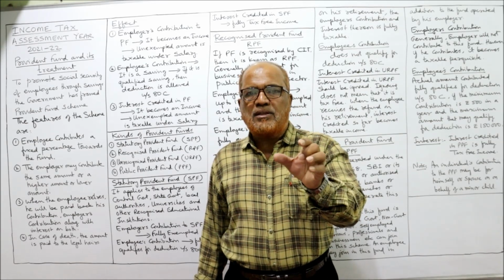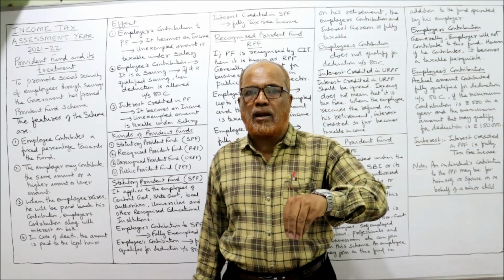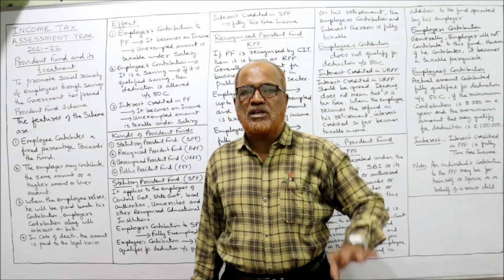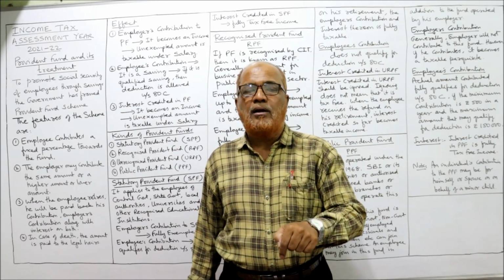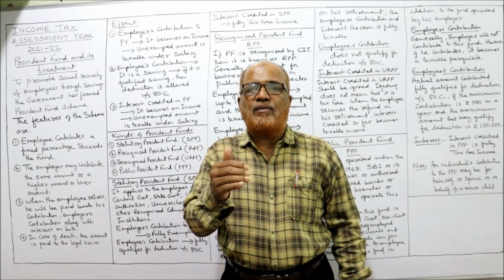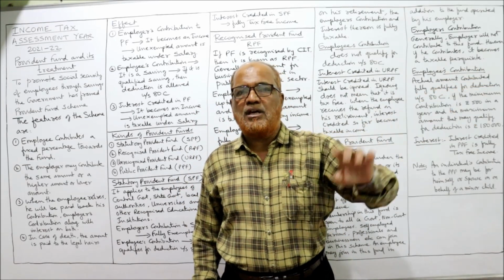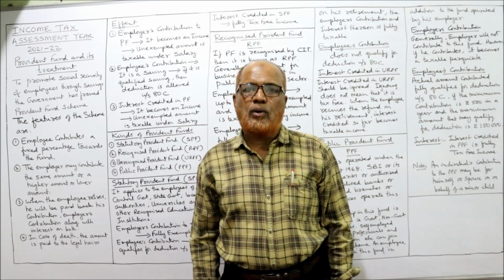So every month from his salary, 5,000 rupees will be deducted by the employer and deposited in the Provident Fund scheme. It is the responsibility of the employer to deduct 5,000 from the salary of the employee, deposit that 5,000 in the Provident Fund scheme and pay 45,000 net salary to the employee.